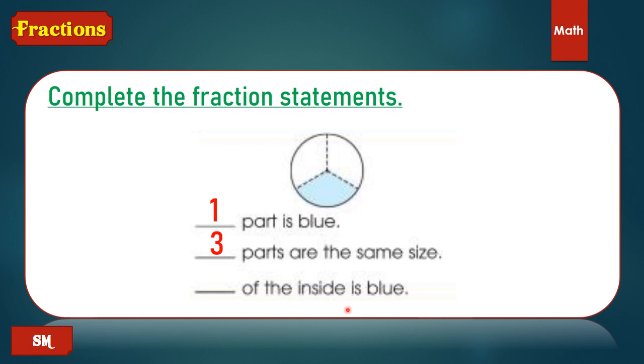Now, how many of the inside is blue? Or how much of the circle is blue? I will write 1 of 3 parts, 1 part from 3 parts, or 1/3 of the inside is blue. Very good.